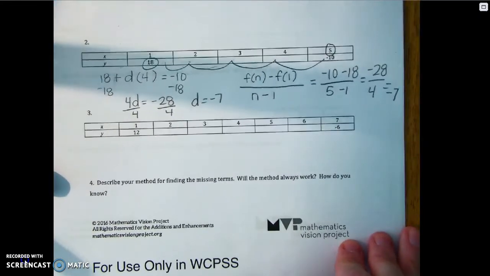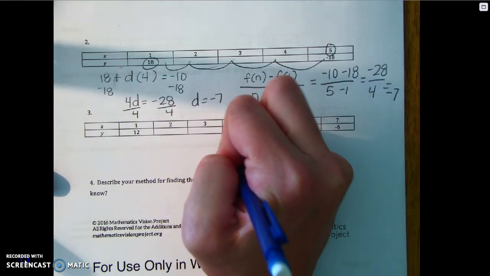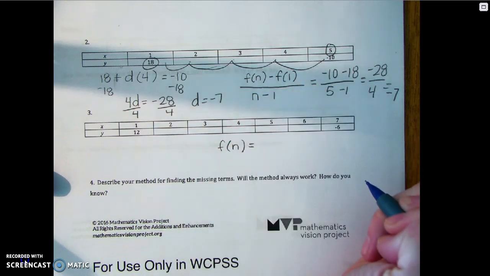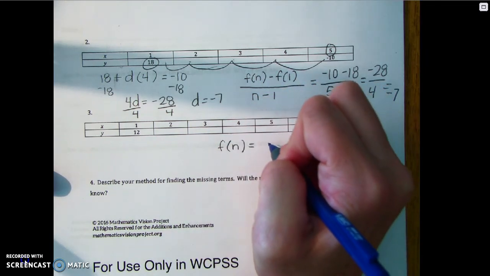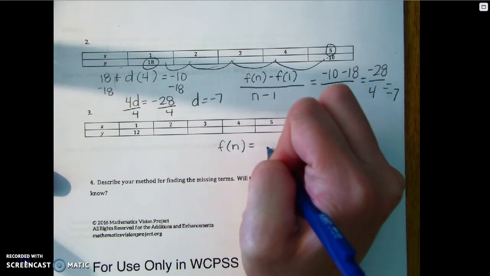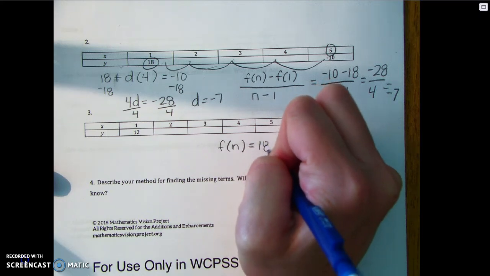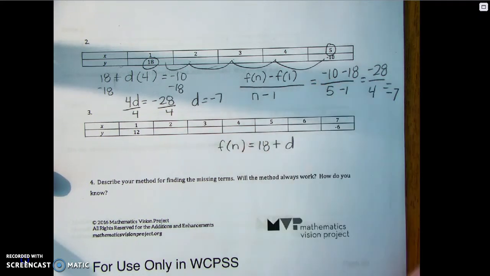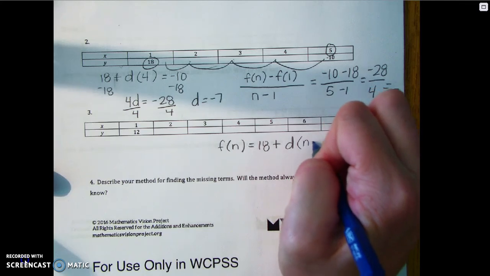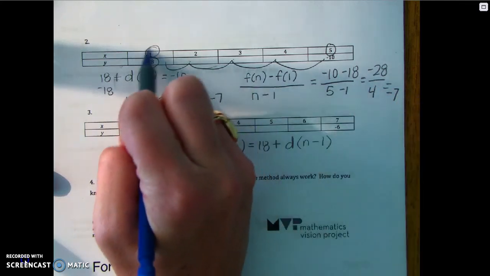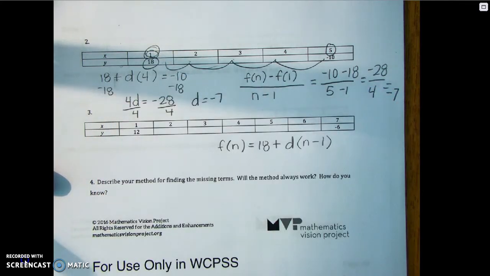The third way is just to write an explicit equation. So we know that any y value is going to be equal to whatever the start is. In this case, the start is 18, plus whatever the common difference is. Remember, technically, I don't know the common difference yet. Times n minus 1. And I did n minus 1 because x starts at 1.